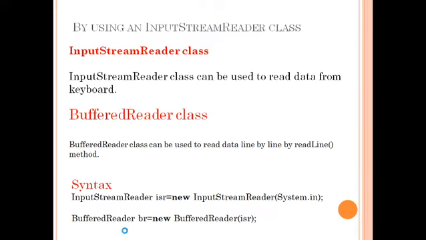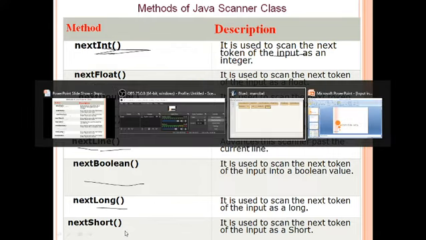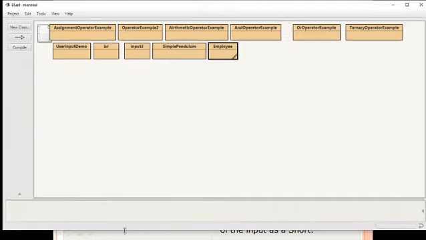Now an example of the Scanner class, to show how we can accept the different values. For that I will show you the example. Now see the example in BlueJ.